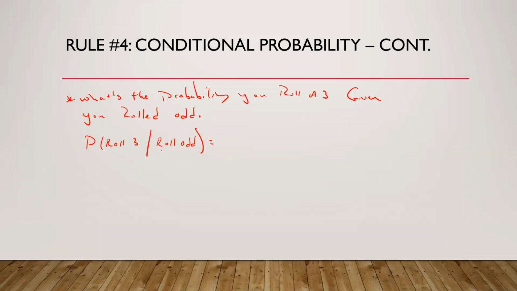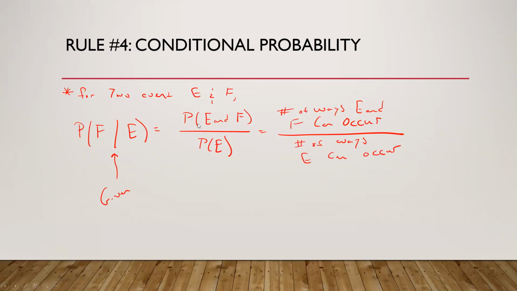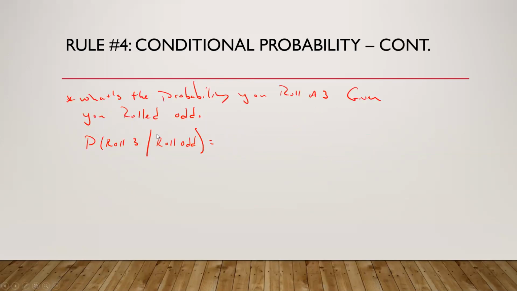So it's the probability of the two events combined, the probability you roll odd and roll 3, divided by the probability you roll odd. The probability that you roll an odd number and a 3 is just 1 out of 6. There's only one way you can roll on a die that is both odd and 3. It's that you roll a 3. And then the probability that you roll odd is 3 out of 6.